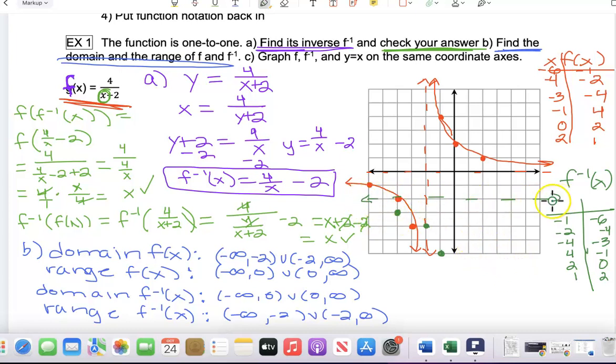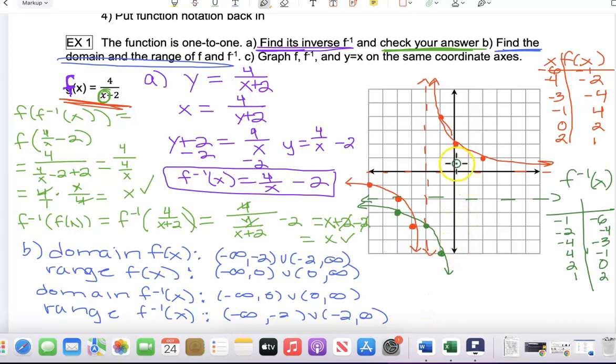So again, I can see in green the asymptote. I'm going to have a vertical asymptote at 0 because that's what makes the function undefined. So if I draw this guy, it should look something like this on this side of the branch.